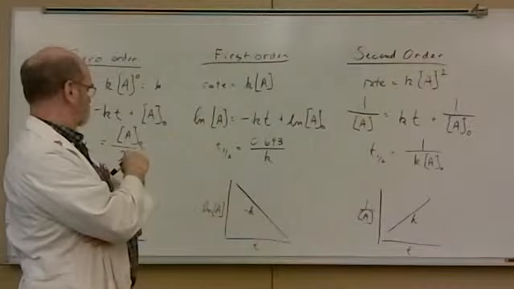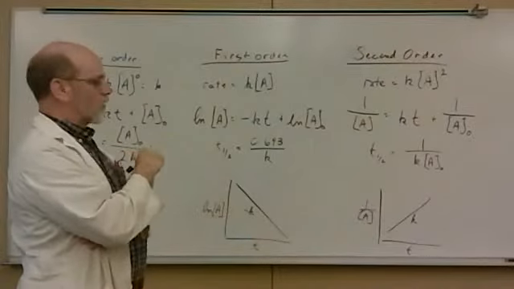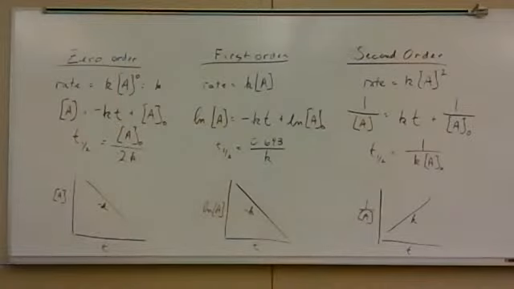Am I solving for K or am I solving for A? I just need an example to see how. Okay, let's do an example. Let's look at a data set here and see if we can figure it out.